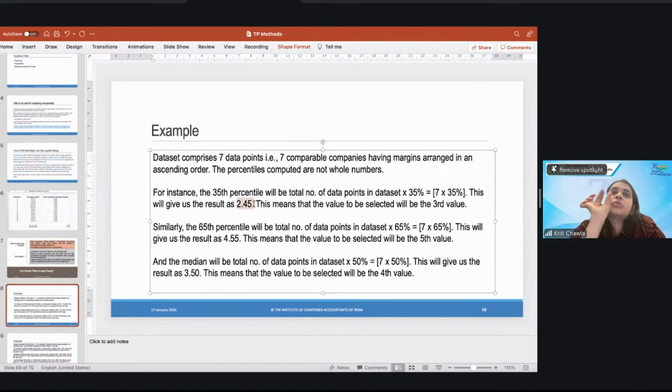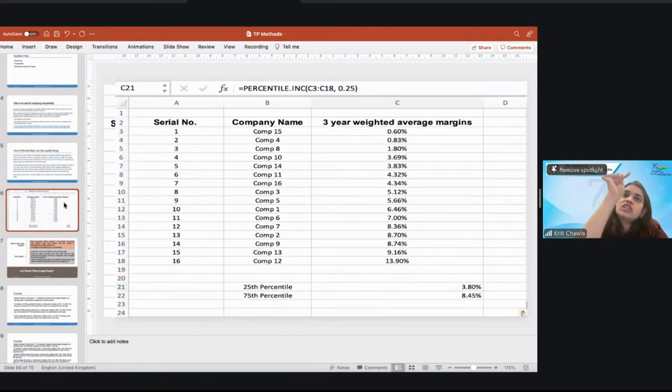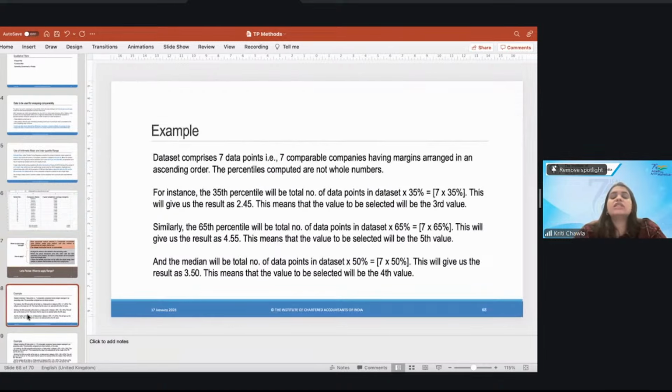So this is going to be the third value. So you look at which company is appearing at the third value. On the third value, we have company 8, and its margin is 1.80%.